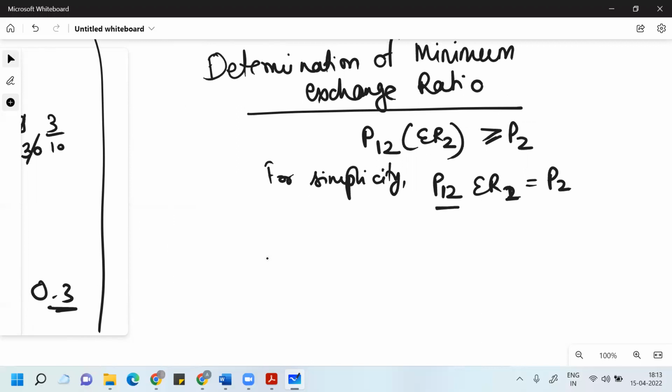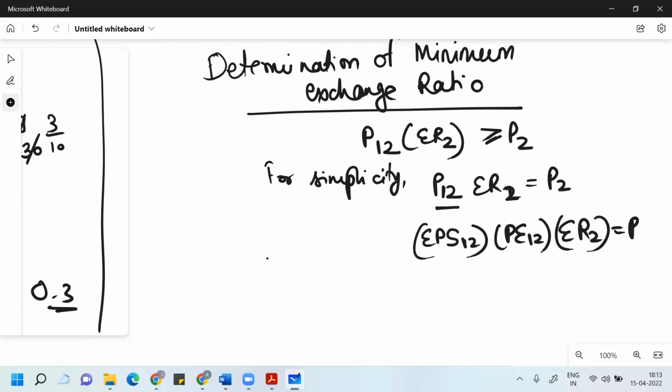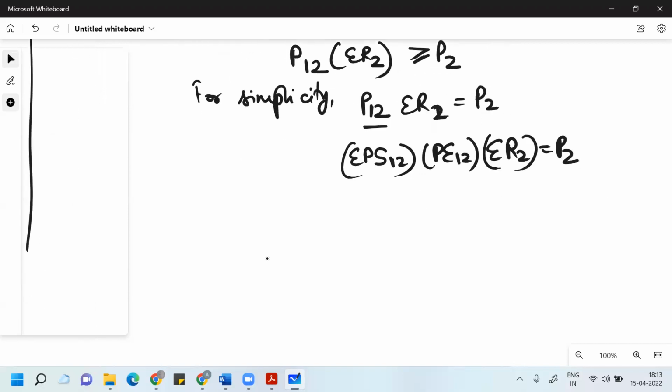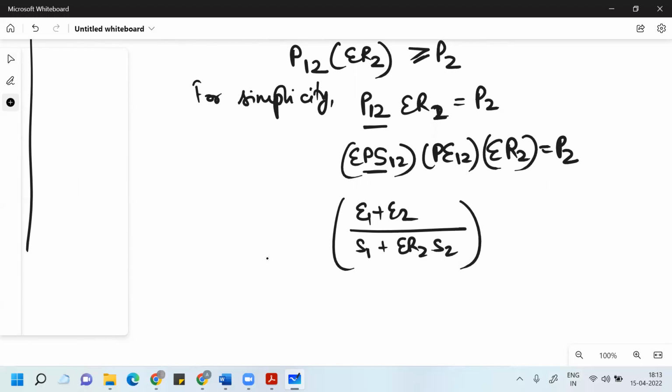Now you can write the price of the combined firm, that would be the EPS of the combined firm into the PE ratio of the combined firm into ER2, that will be equal to P2. Again, you can write the EPS of the combined firm will be E1 plus E2 divided by S1 plus ER2 into S2, into PE of the combined firm into ER2 is equal to P2.